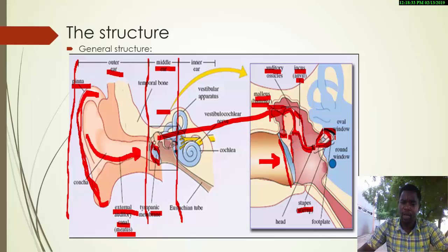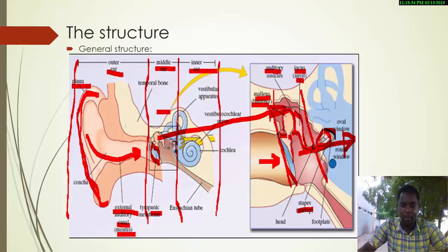And this oval window transmits these vibrations from the middle ear all the way into the third part of your ear. We call it the inner ear, which is this little section here. We're going to look at it later on.